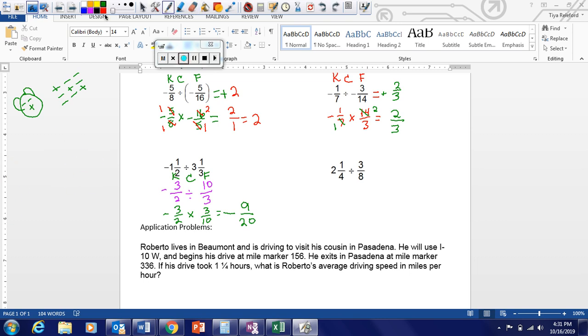So let's try one more with mixed numbers. I have 2 1/4 divided by 3/8. So we're going to change 2 1/4 into an improper fraction. So I have 9/4 divided by 3/8. Now I can keep, change, flip.